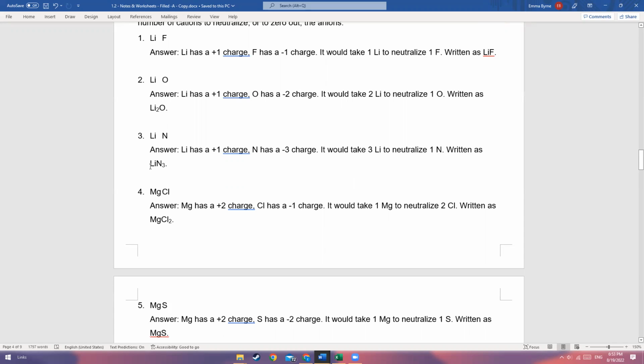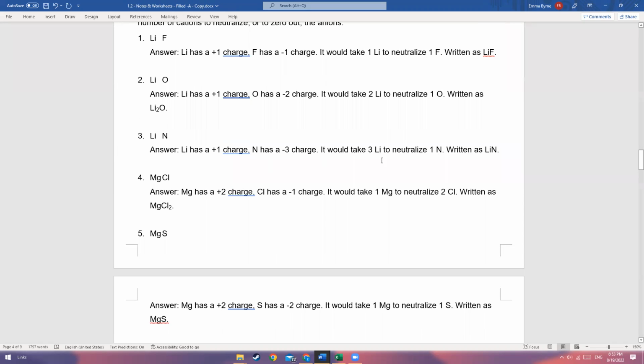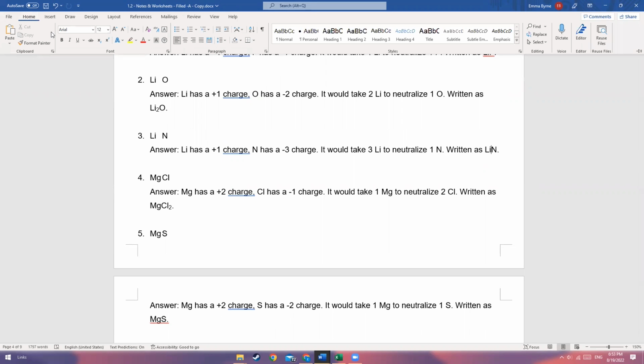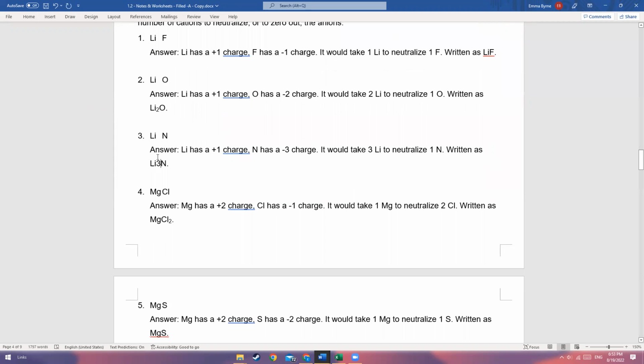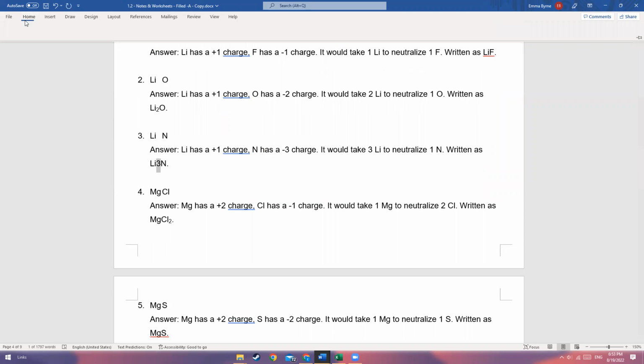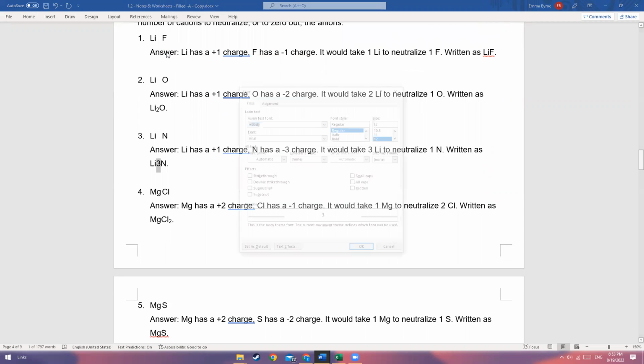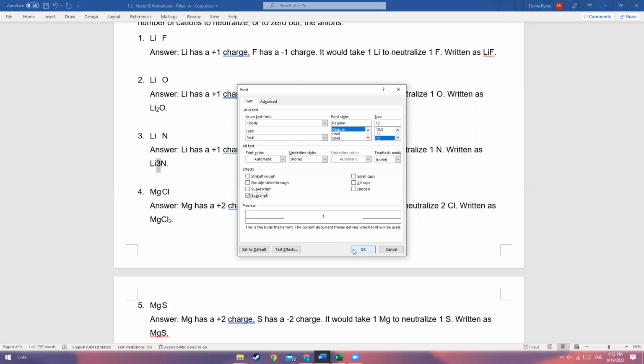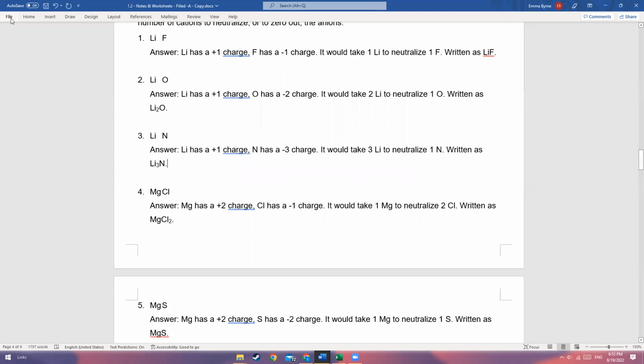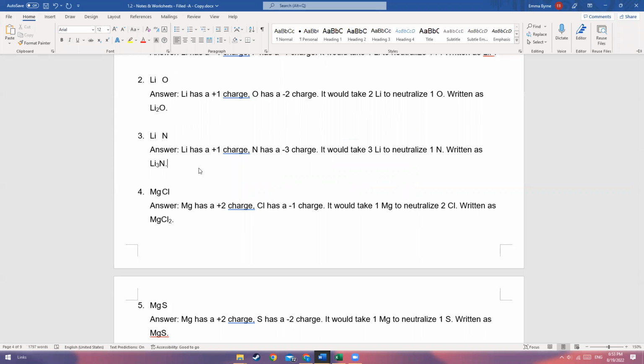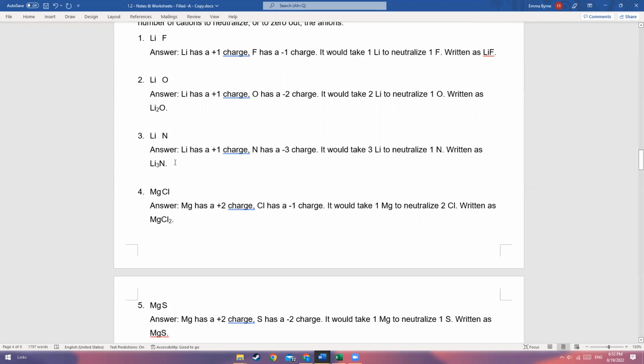So this is supposed to be line 3. And in Word up here, if you're wondering how to do a subscript, it's up in the formatting on this home tab. So Li3, nitrogen.